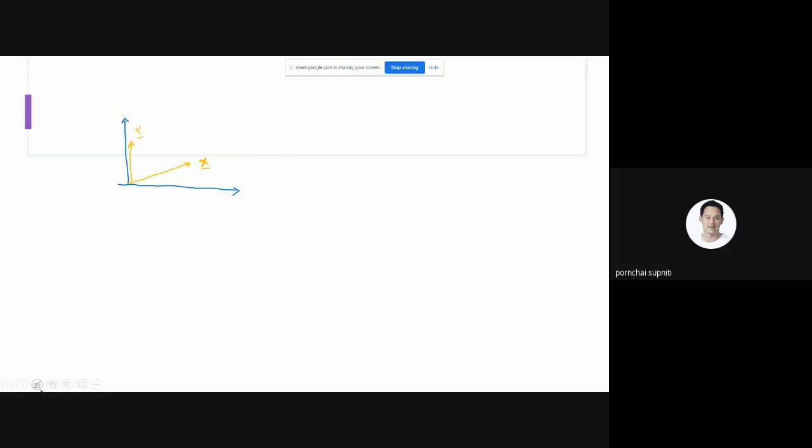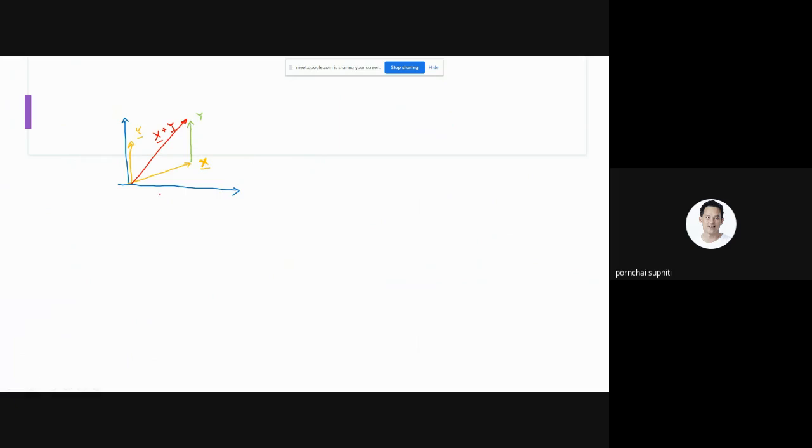If I try to sum them together, x plus y, I can just draw x and then followed by y like this. And the result, if I use red as the result of x plus y, I will get something like this. This is when you put the directions together. But generally, you can do it or you don't do it.